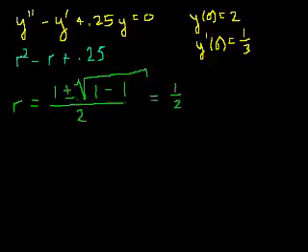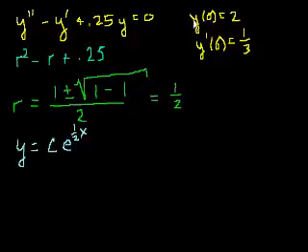And like we learned in the last video, you might just say, oh well, maybe the solution is just y is equal to c e to the 1/2 x. But like we pointed out last time, you have two initial conditions, and this solution is not general enough for two initial conditions.